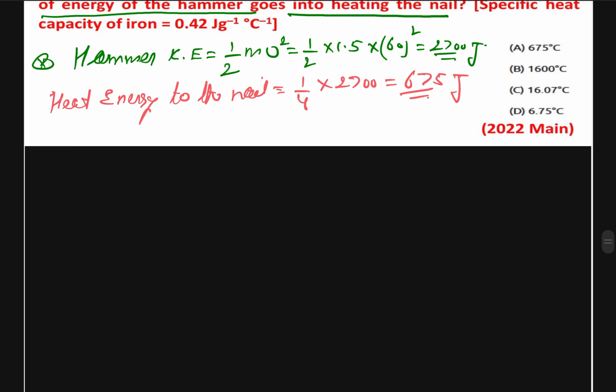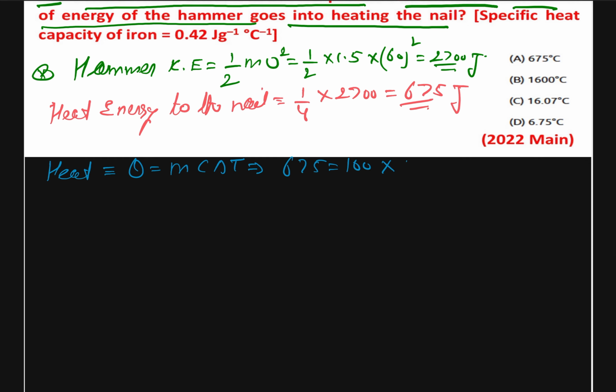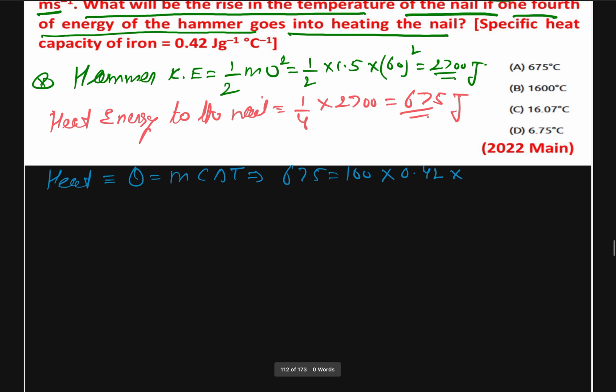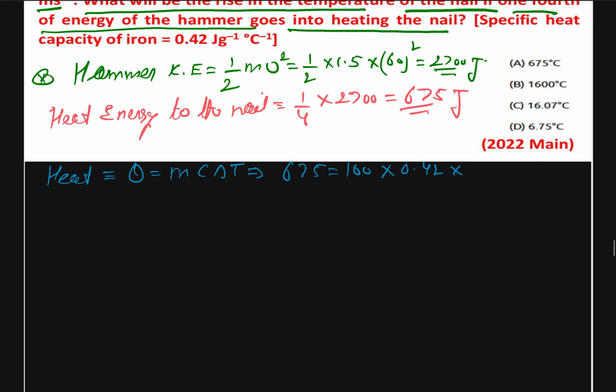Therefore, we can use the formula that heat Q is equal to mc times delta T. Q is 675, mass is given as 100, and specific heat is 0.42, and the rise in temperature delta T we are going to find out.